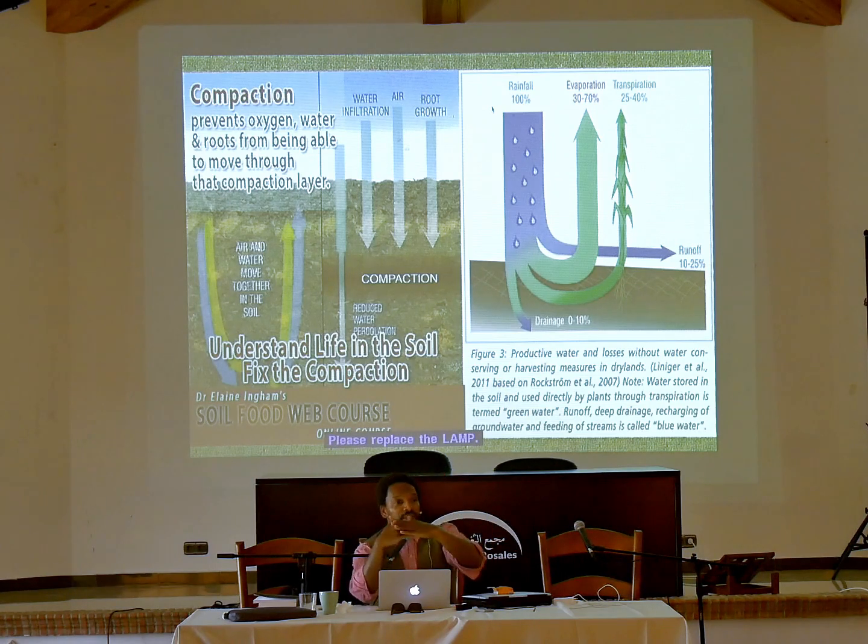The problem now is that cycling has been broken because the condition of the storages has been made worse. The availability of the storages has been made worse. So you don't have the brown water because the ground's too hard and you can't get the blue water into the ground. You can't get the green water because the brown water simply isn't there.